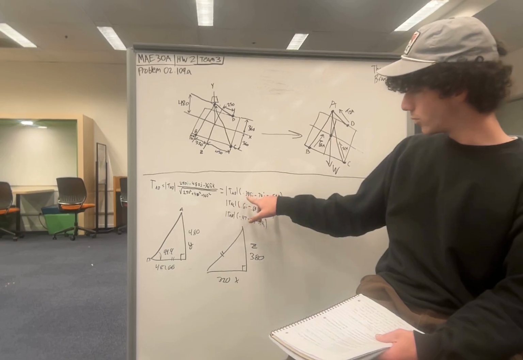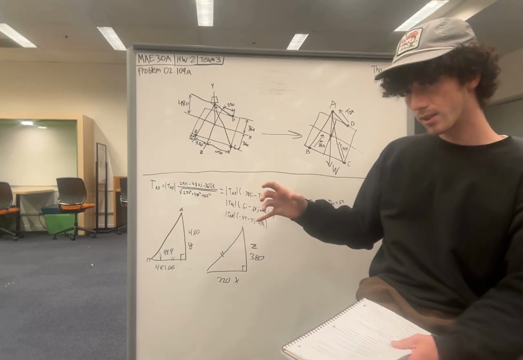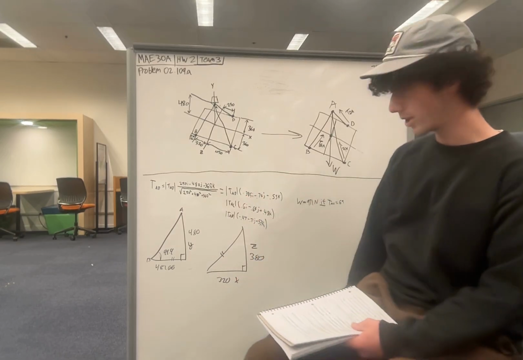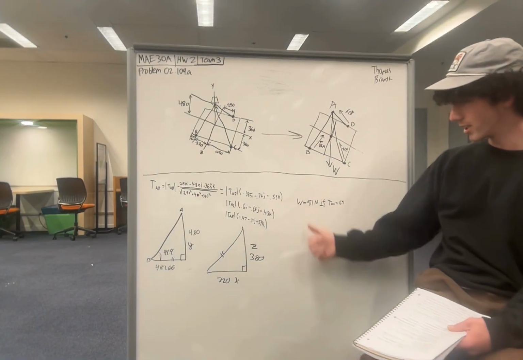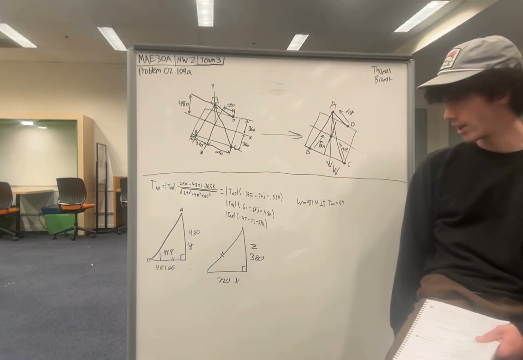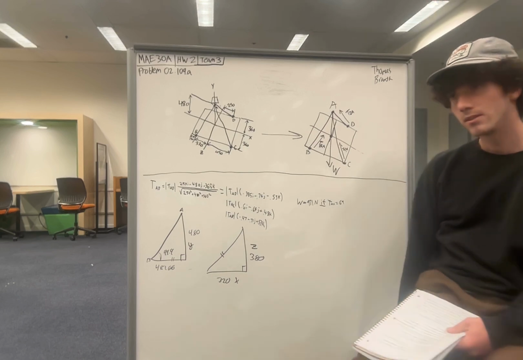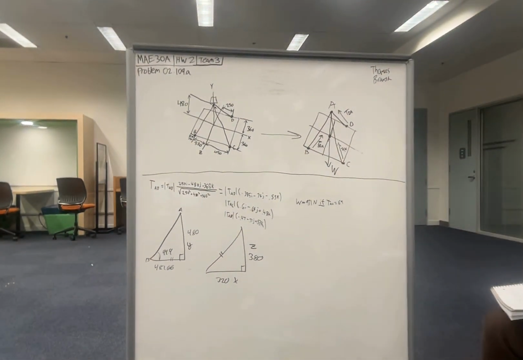Then you've got two unknowns, and you can create a system of equations with that. If the given was 69 newtons, you'll then get 971 newtons as the weight of the plate. Any other questions? I think that makes sense.